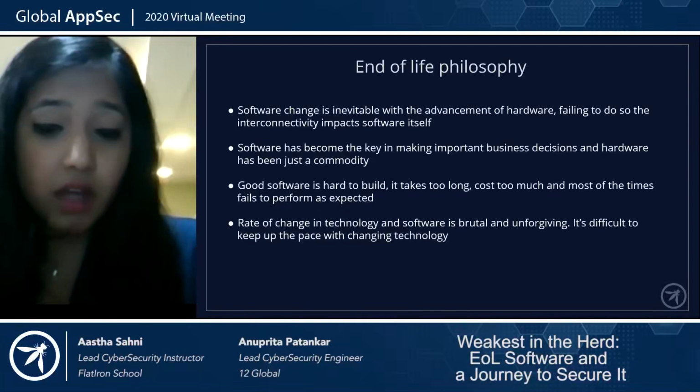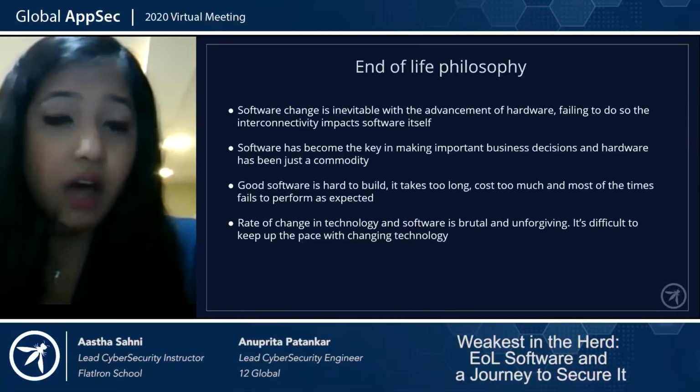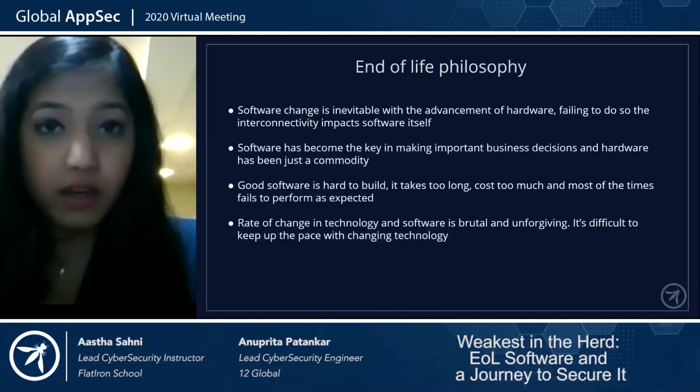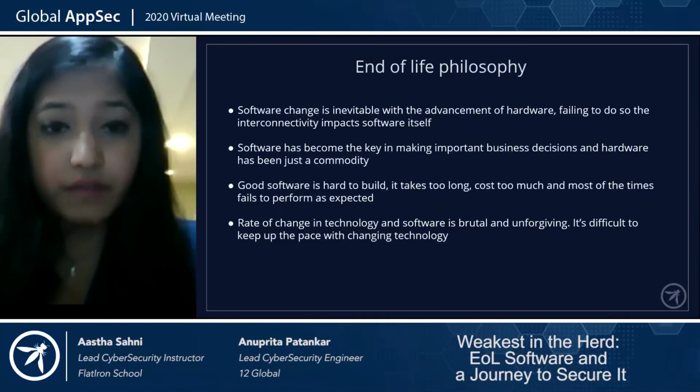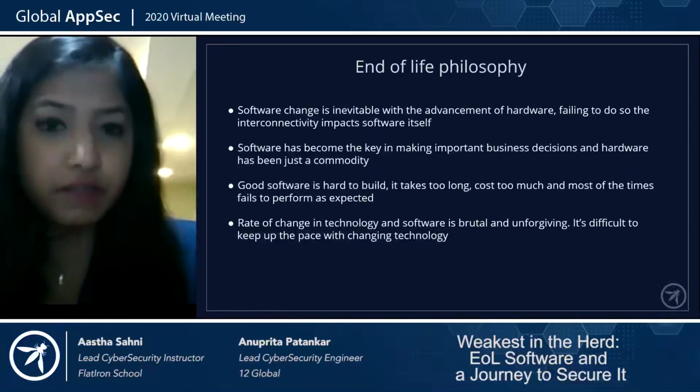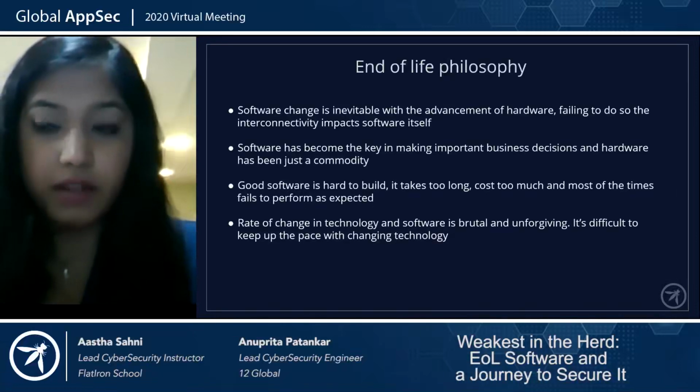Whereas when we talk about hardware, the best example would be our phones and laptops. According to research, we tend to change our electronics once every 3 to 5 years, or they can survive more than that.